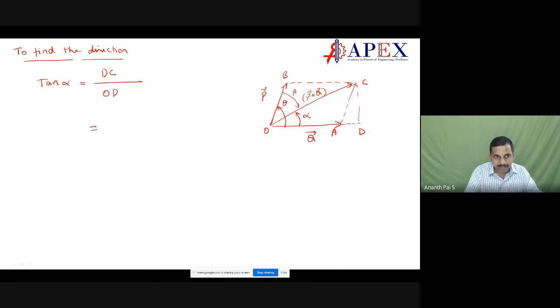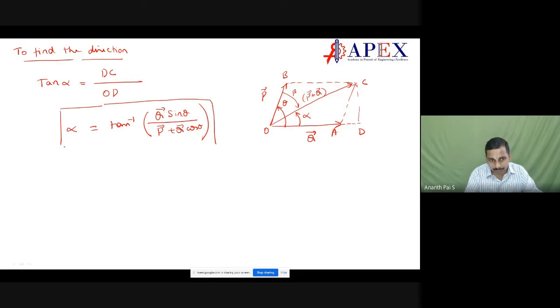So alpha is equal to tan inverse of Q sine theta divided by P plus Q cos theta. Very, very important. Correct? Because this we have derived.